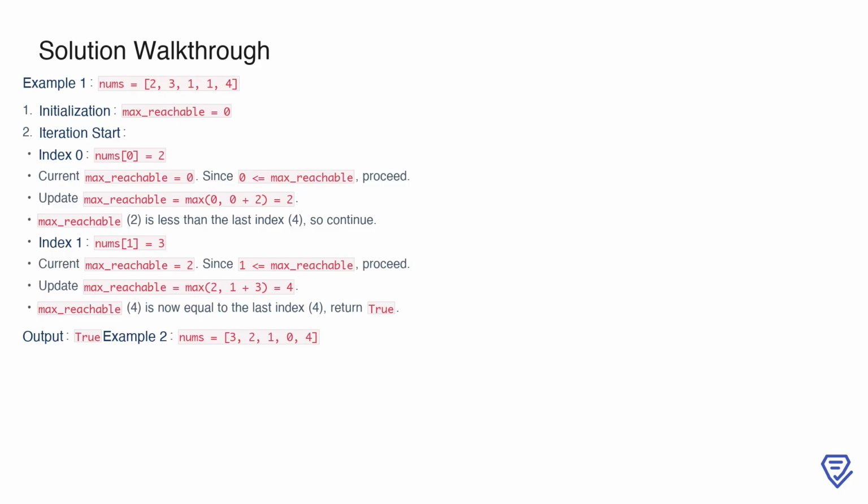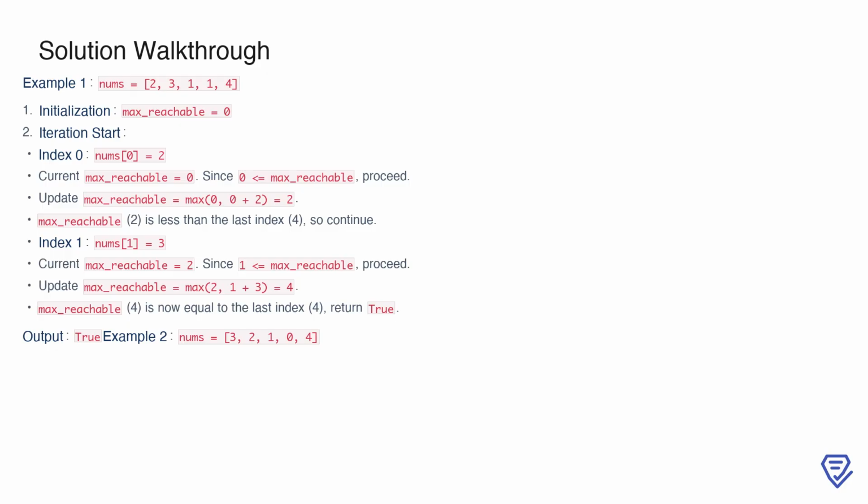We calculate the new max_reachable as the greater value between the current max_reachable, which is 0, and the sum of the current index plus nums[0], which equals 2. This updates max_reachable to 2. At this point, max_reachable is still less than the last index, so we continue.